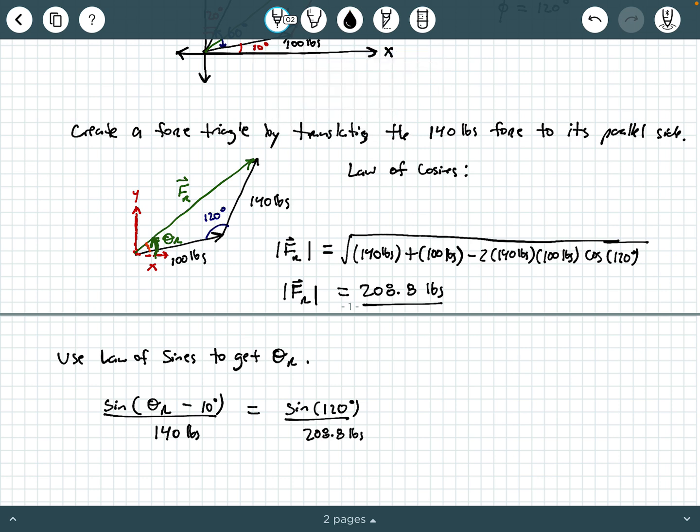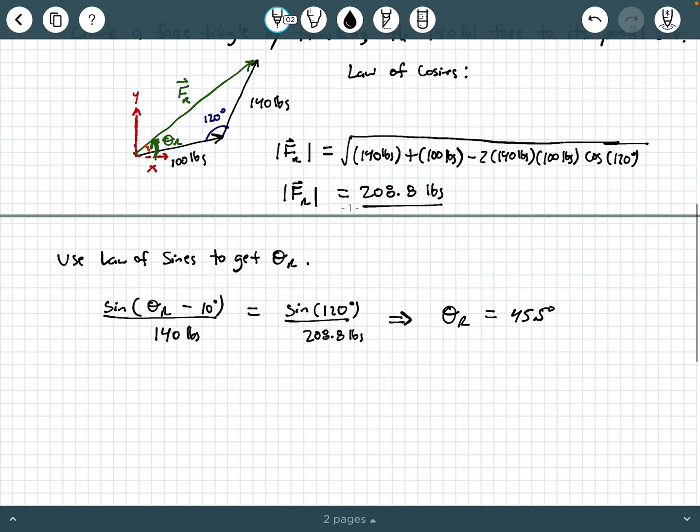So what I'm really saying is sine of this little interior angle divided by this opposite length equals the sine of this 120-degree interior angle divided by its opposite length. That's why I said minus 10 degrees there. And I can do some rearranging here, and I will get theta sub r equal to 45.5 degrees.